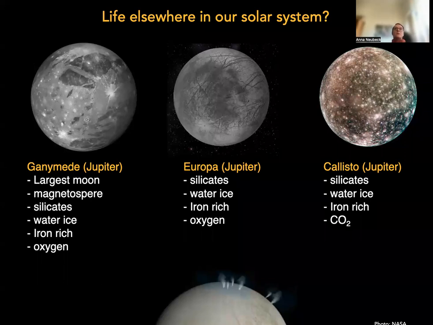And a few examples of such environments is Ganymede, Europa, and Callisto, which are all moons of Jupiter, where they have also water ice, and some of them have oxygen, and they have silicates, and in some cases they have also been suggested to have hydrothermal systems, which would then be able to possibly sustain life underneath the icy surface.